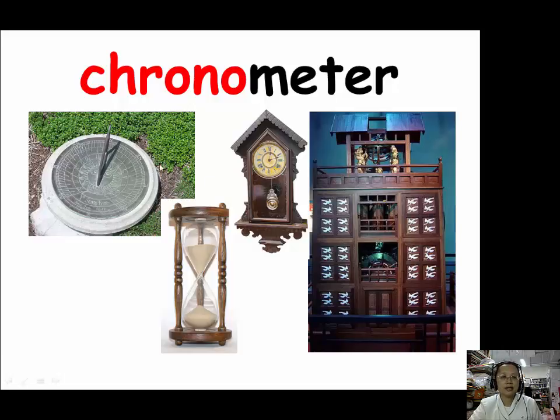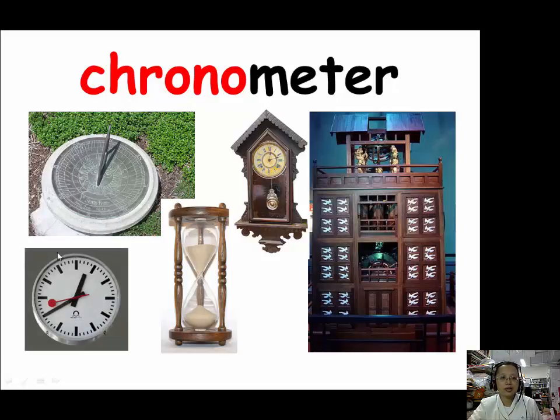Now these, like the sundial and the cuckoo clock and the old Chinese clock, they can all be referred to as chronometers. But there's this atomic clock which is very exact, and this is the best kind of chronometer.